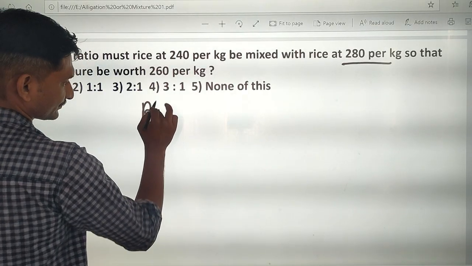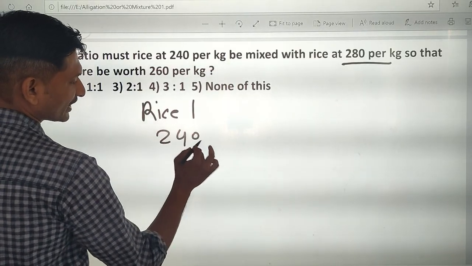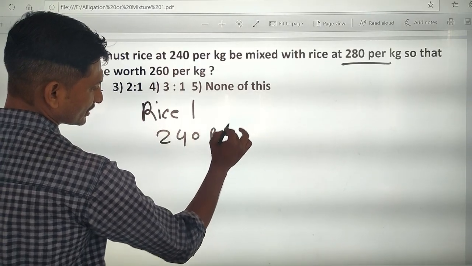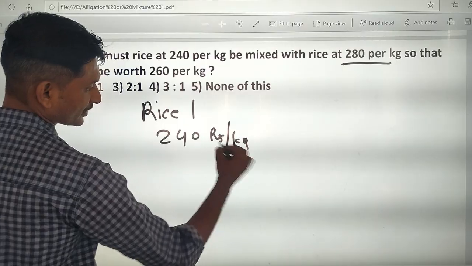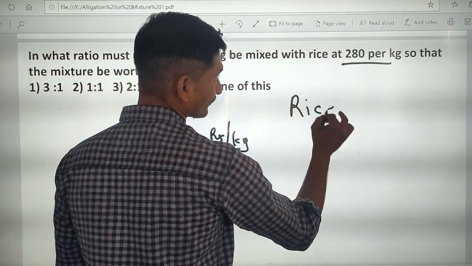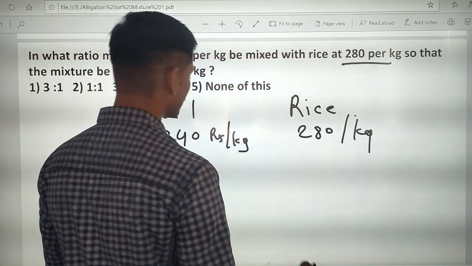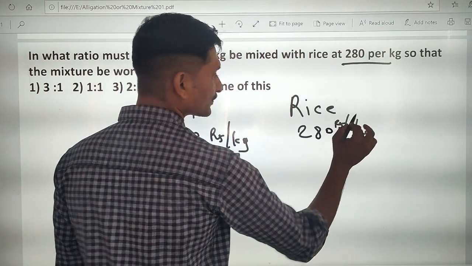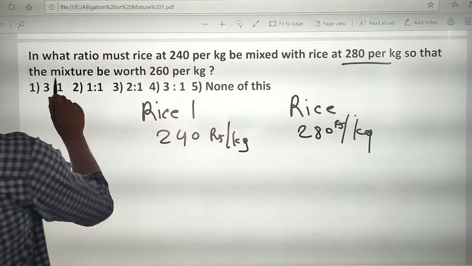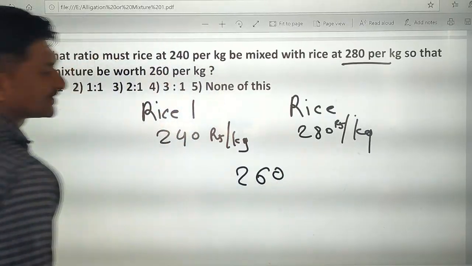Rice 1 is 240 rupees per kg, and rice 2 is 280 rupees per kg. Now mix this rice, and the mixture is sold at 260 rupees per kg.